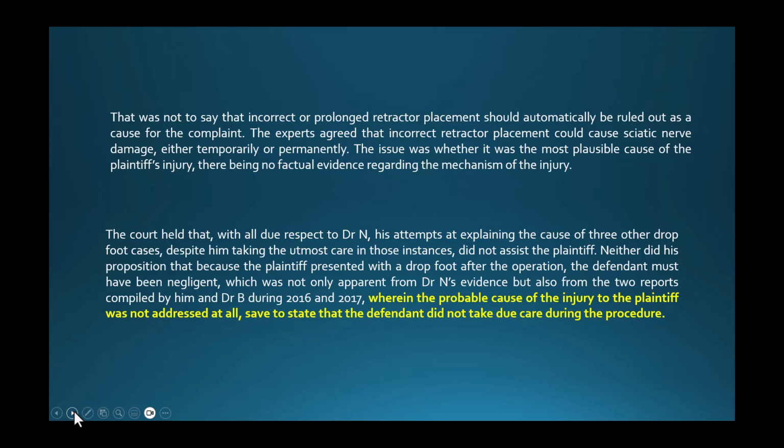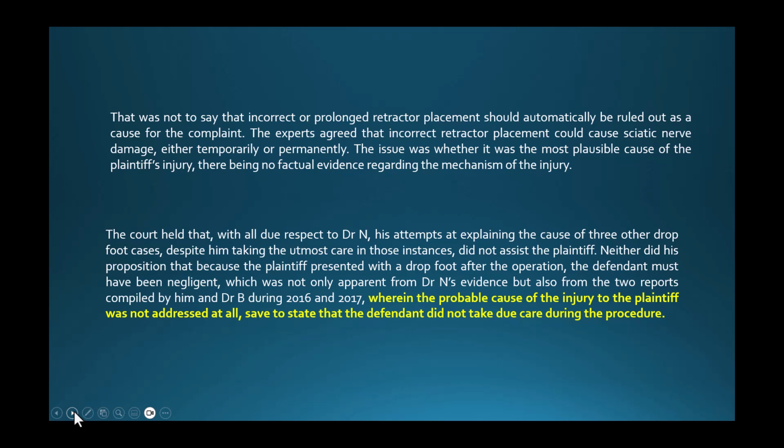In other words, simply by virtue of the fact that there was drop foot, there must have been negligence. The court rejected that, where the probable cause of the injury to the plaintiff was not addressed at all, save to state that the defendant did not take due care during the procedure. Now, there we go back to, do you see the difference there? Probable cause, that's causation.